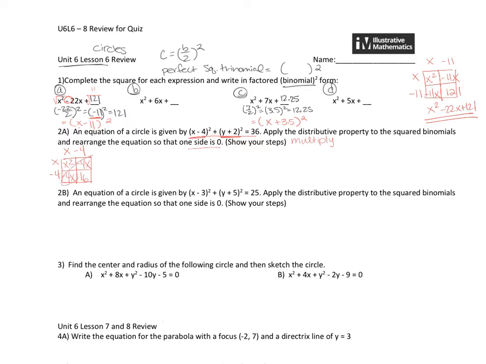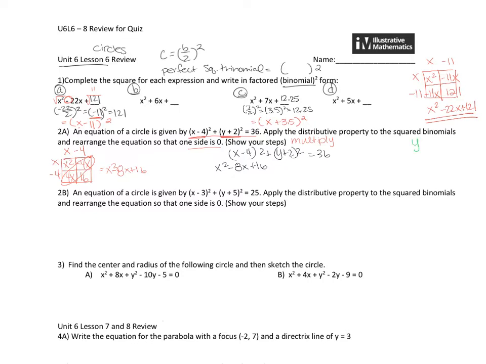My like terms are on my diagonal, and I get x squared minus 8x plus 16. So in my problem, where I have x minus 4 squared plus y plus 2 squared equals 36, I know that my x minus 4 squared term is equal to x squared minus 8x plus 16. So now let's do my y plus 2 term.